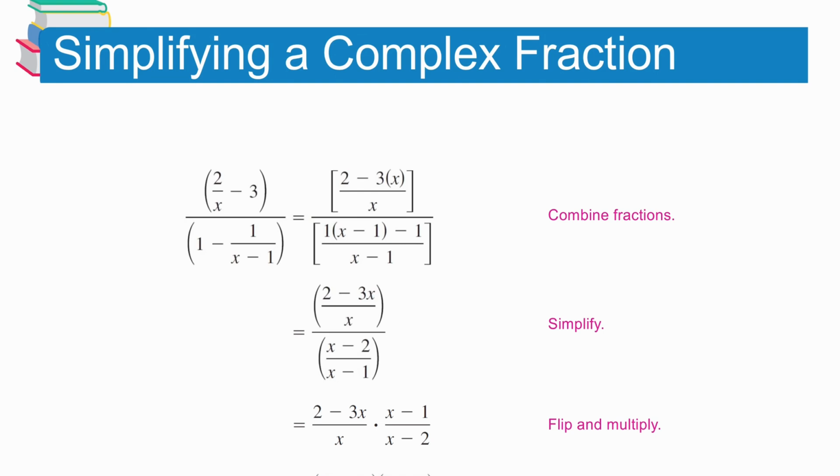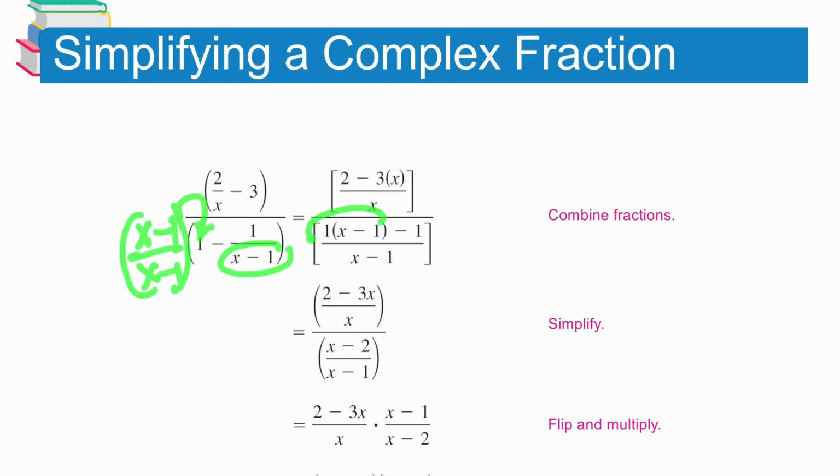We'll see. So for 3, we want a denominator of x, and so we multiply by x over x, and that's what we've done here, and that's where this minus 3x comes from in the denominator of x. And then for the bottom part, we need the denominator to be x minus 1. So what we've done is we've taken x minus 1 divided by x minus 1 and multiplied that by the 1.